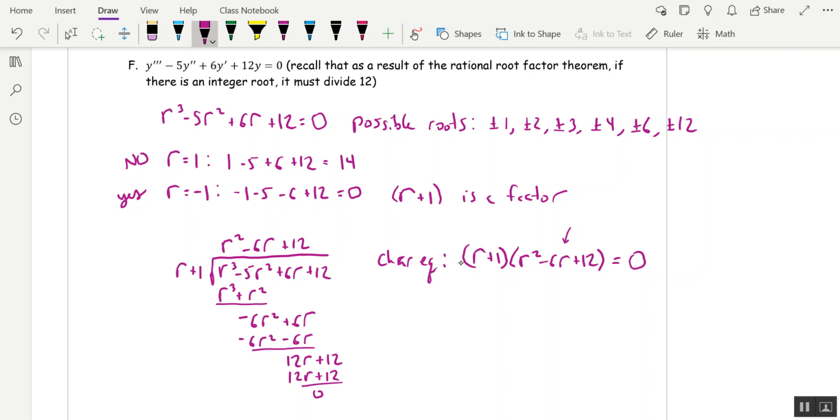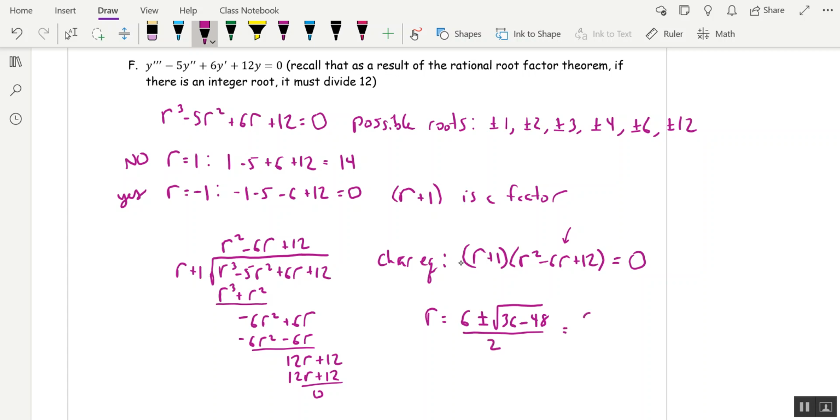So the quadratic equation for this guy is r equals negative b. B is negative 6, so that's 6 plus or minus the square root of b squared, which is 36, minus 4ac, 4 times 12 is 48, over 2a, which is over 2.